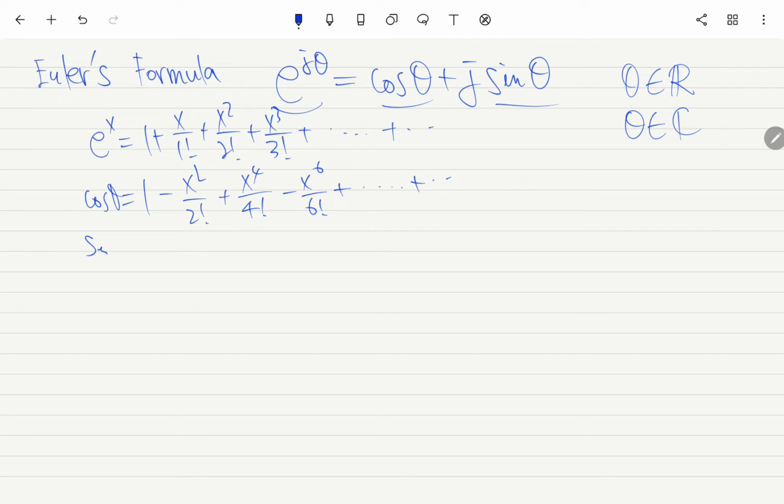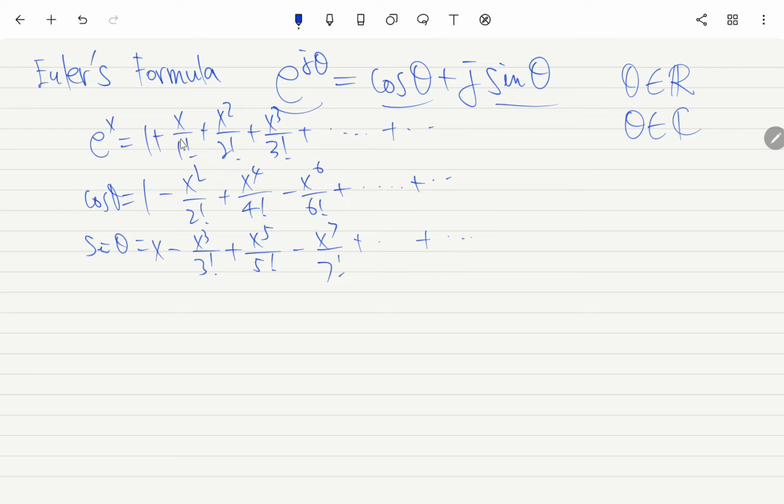Also, sine of x equals x minus x cubed over 3 factorial plus x to the 5th power over 5 factorial minus x to the 7th power over 7 factorial plus all the way up to infinity. Suppose you have learned calculus, you should know the Taylor series of these well-known functions. So we just need to substitute x by j theta for the first one.